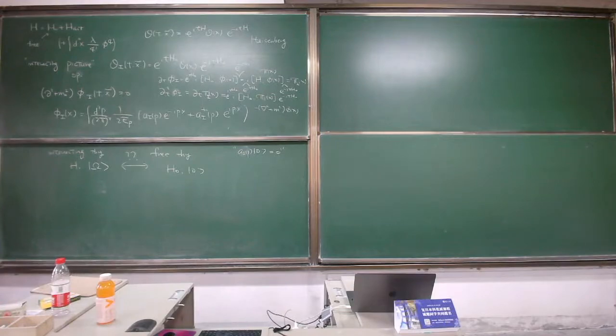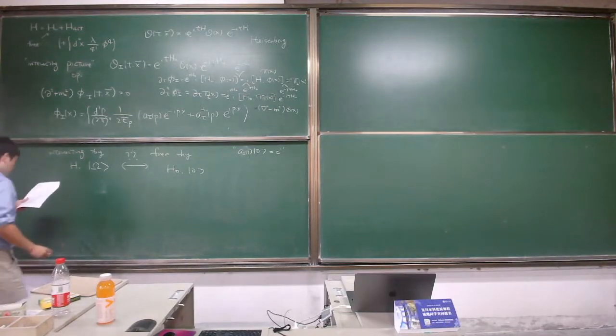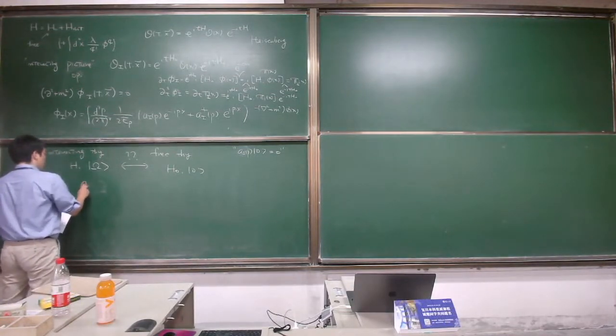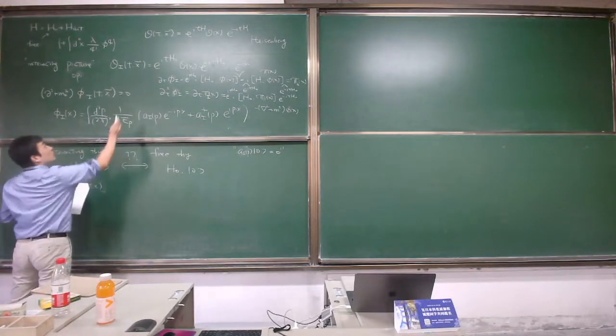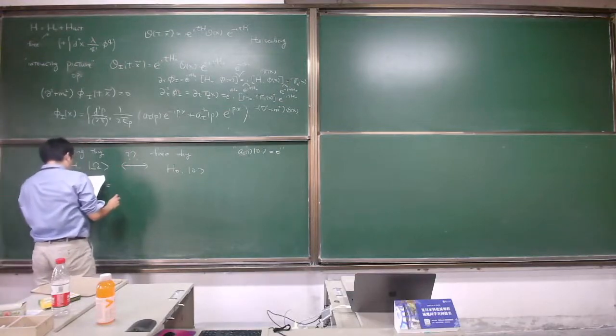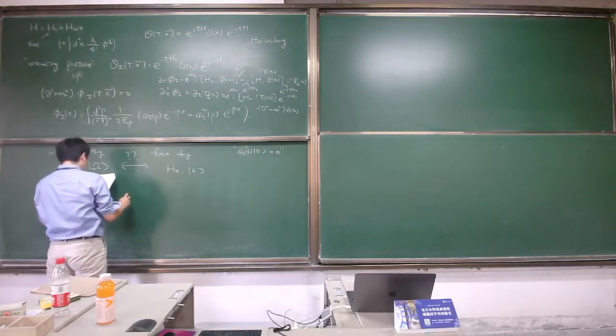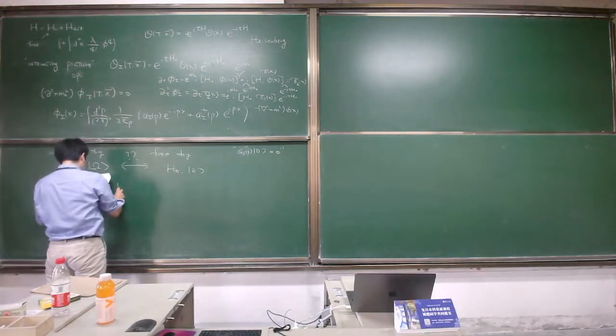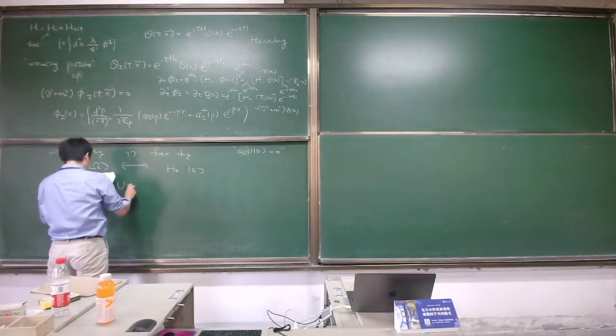To see that, first we remind ourselves that the Heisenberg picture operator O of x and the interacting picture operator are related by U(t, t0). Just a moment, you have to be careful.